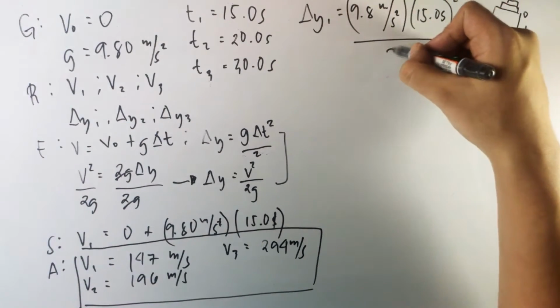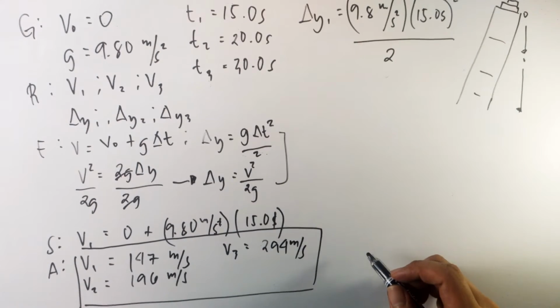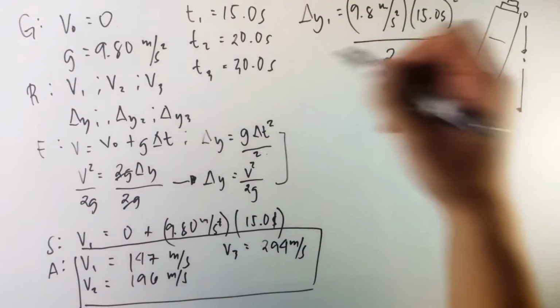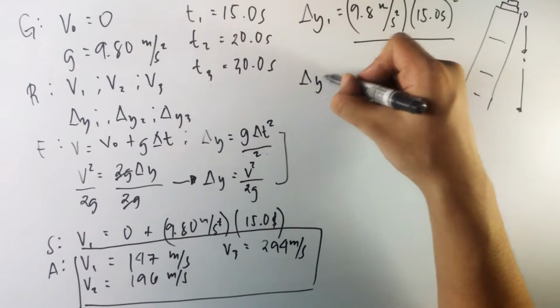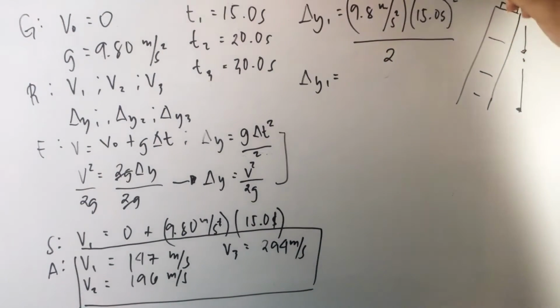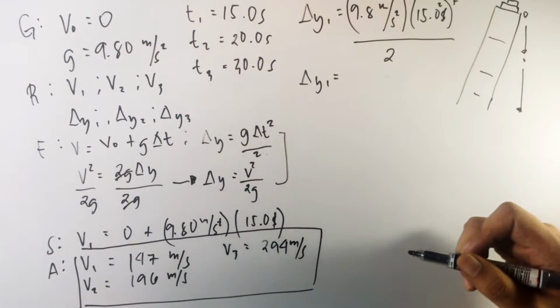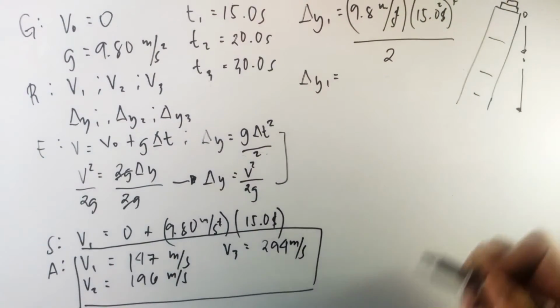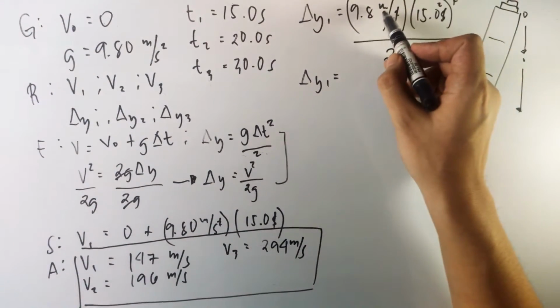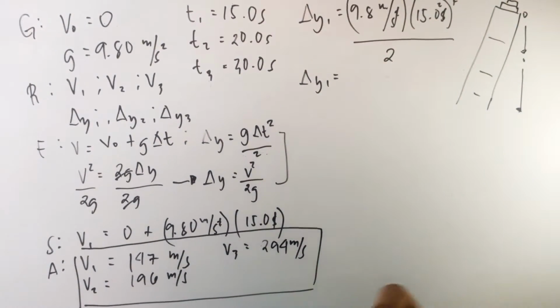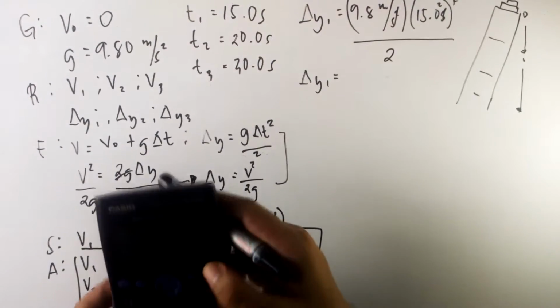Correct? What's the answer to that? You're going to notice you can cancel the seconds, but don't forget to square 15. You might forget that. You're going to have a unit of meters, which is the one that we're looking for.